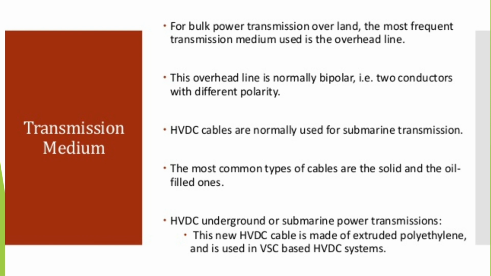It is one type of HVDC link. Bipolar means two conductors having different polarities. Generally these cables are used for submarine transmission, and HVDC underground or submarine power transmission is also possible.